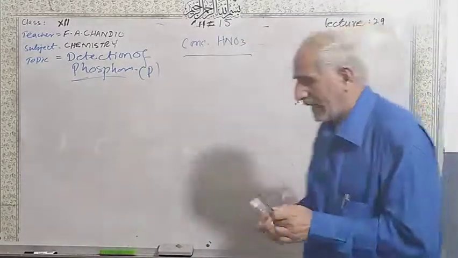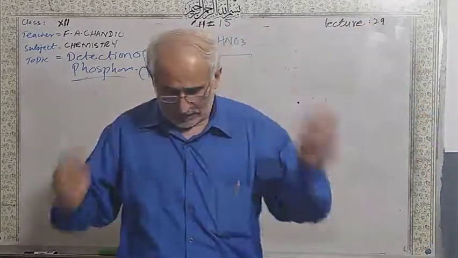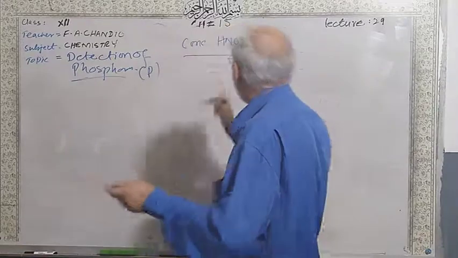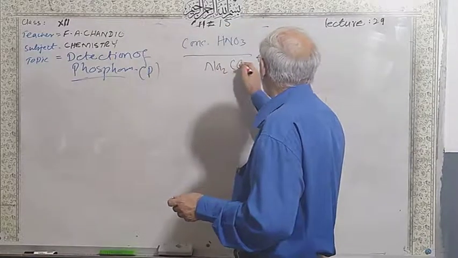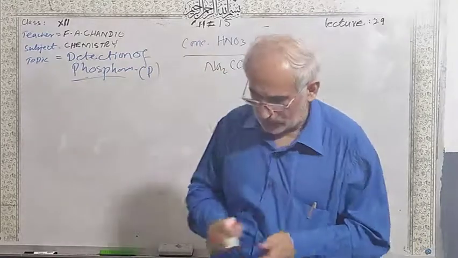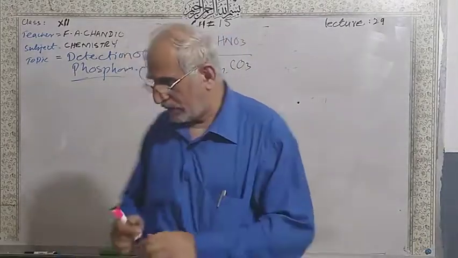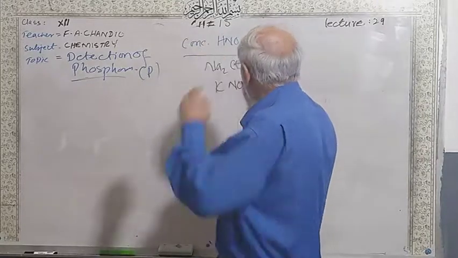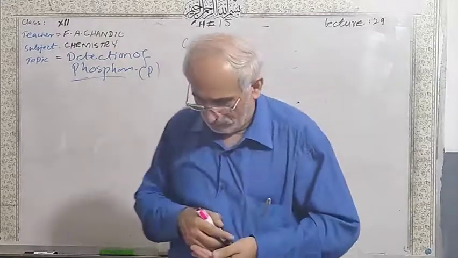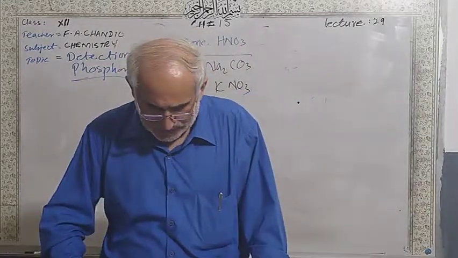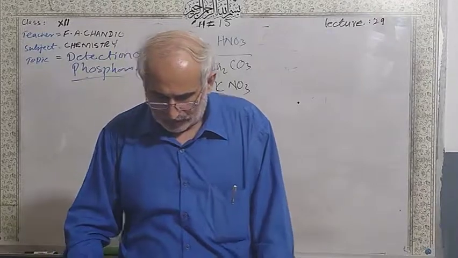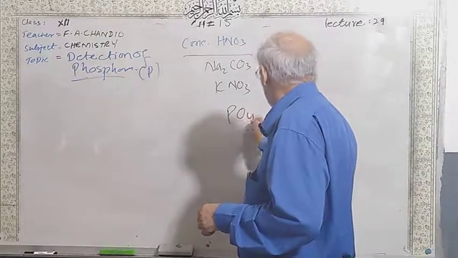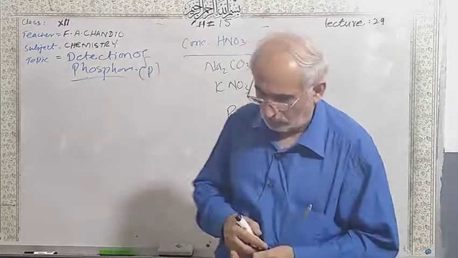You heat the phosphorus-containing compound with concentrated nitric acid, and add sodium carbonate and potassium nitrate. The phosphorus present in the substance is oxidized to give a phosphate.